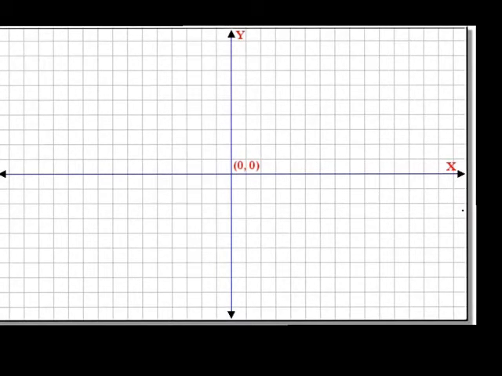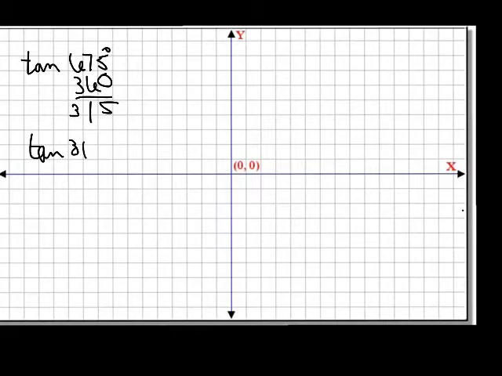So let's look at the tangent of 675 degrees. So tangent of 675, I'm going to take 360 away from it, because remember, anything above 360, you just start subtracting 360, and that gives me 315. So I'm interested in the tangent of a 315 degree angle, which is, that's 270, so it's going to be right around in here somewhere.